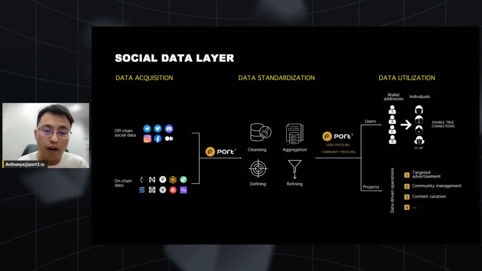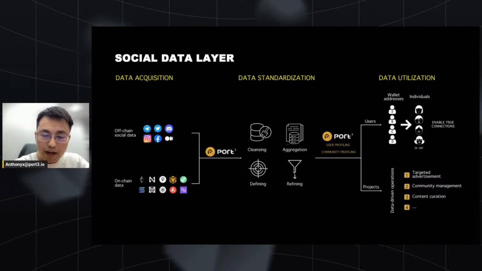And then we define thresholds. After we aggregate data, we define some thresholds and tag users with a soulbound token, and then we refine those users and data into our social data layer.